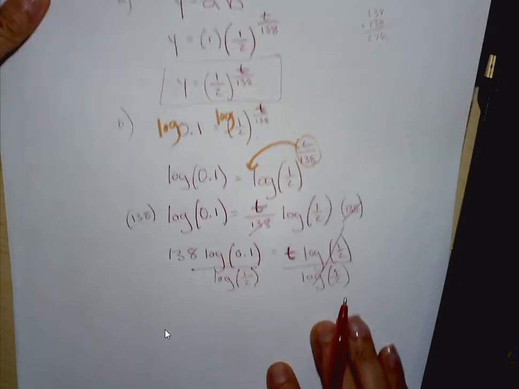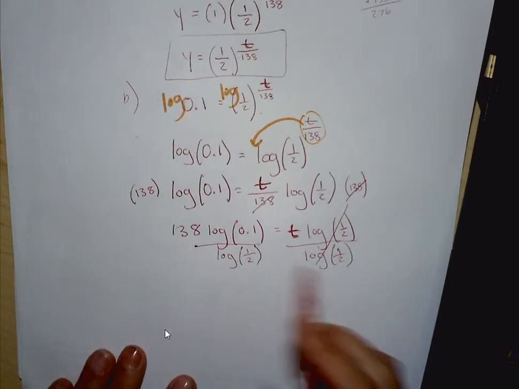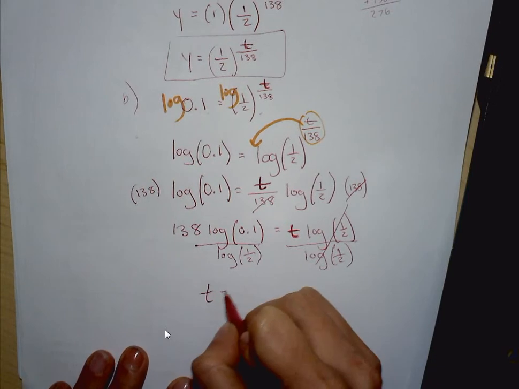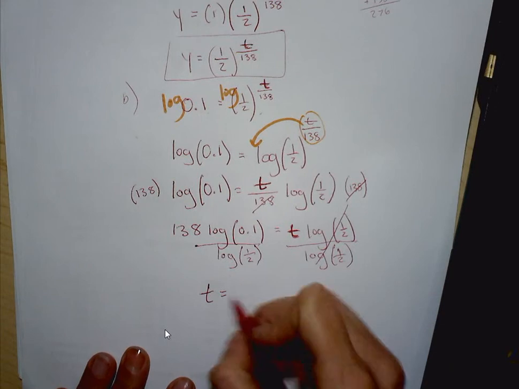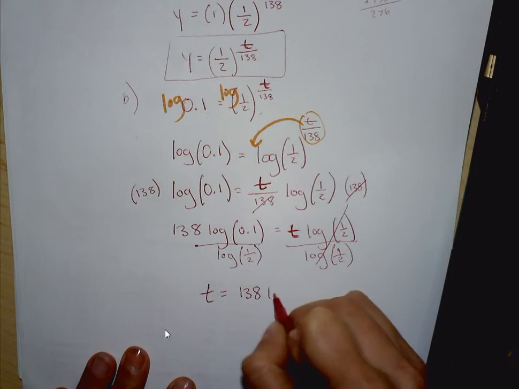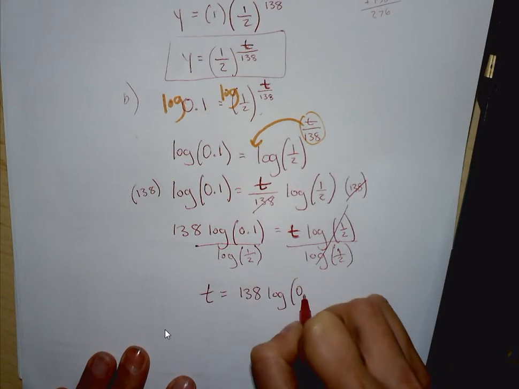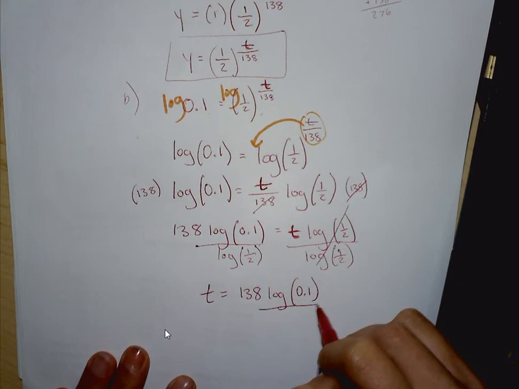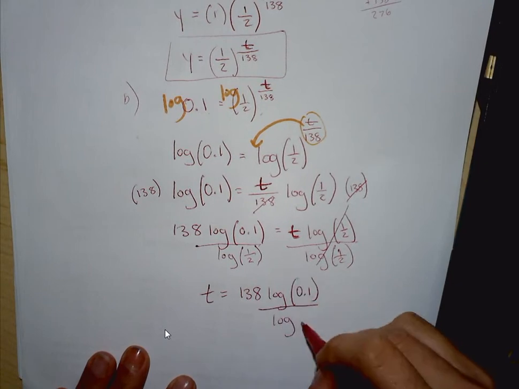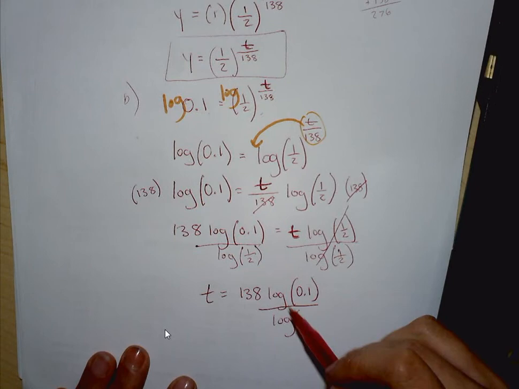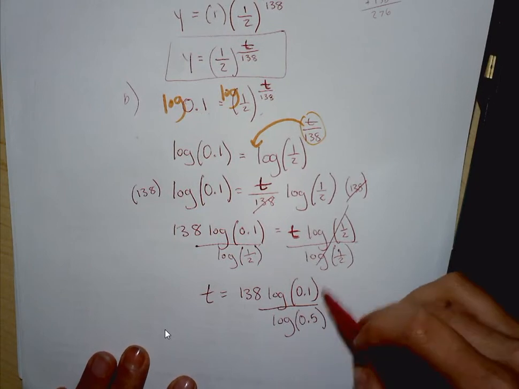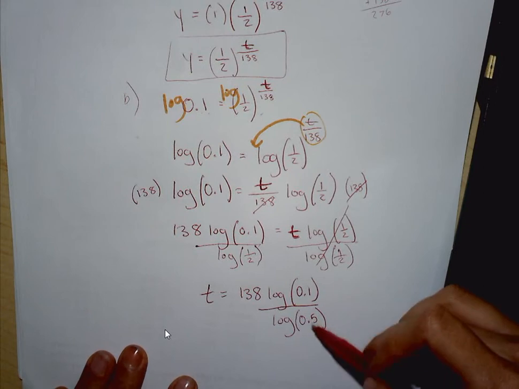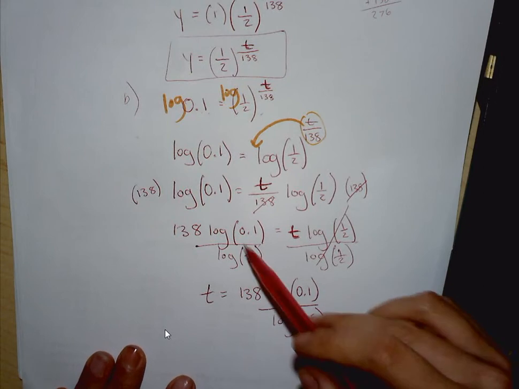So I'm going to have t, remember t is in days. You always have to remember what your units are. t equals 138 log 0.1 over log 1/2. I'm just going to change this 1/2 to 0.5 so I stay consistent, so I don't have decimals and then fractions. But if you left the 1/2 there, that's okay.